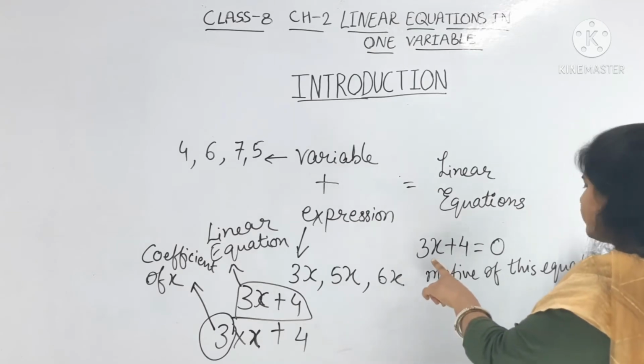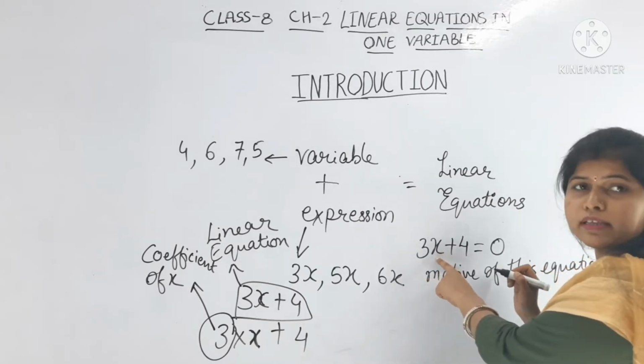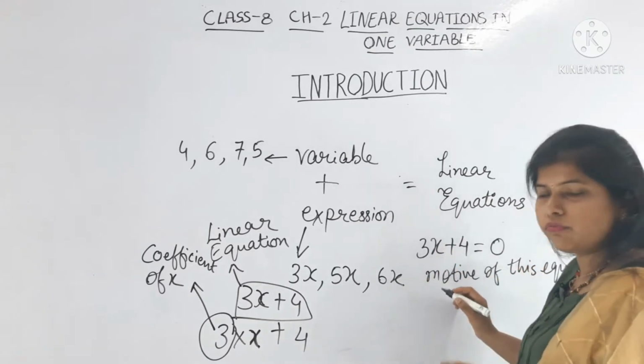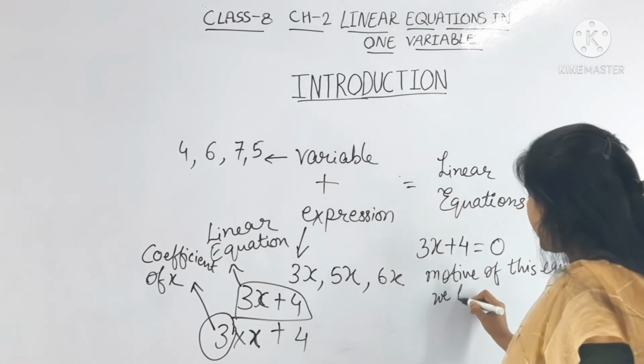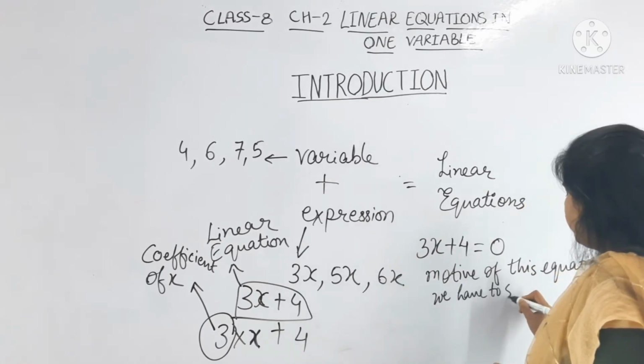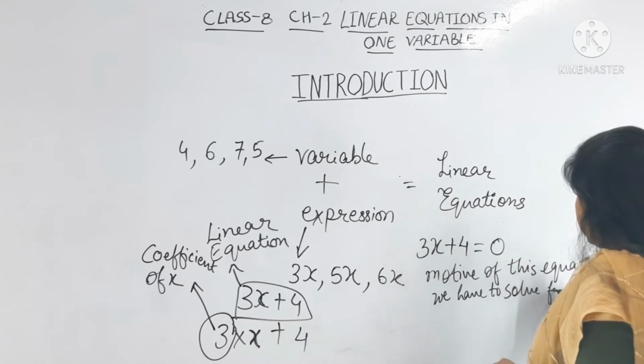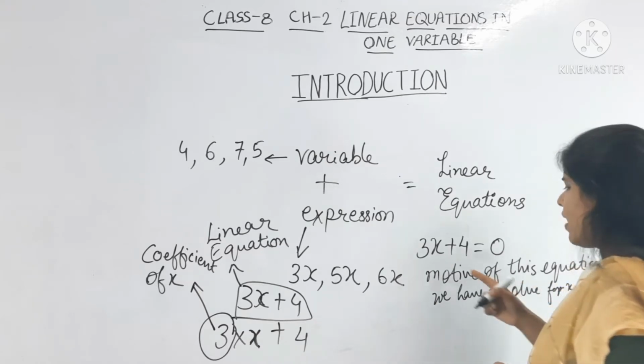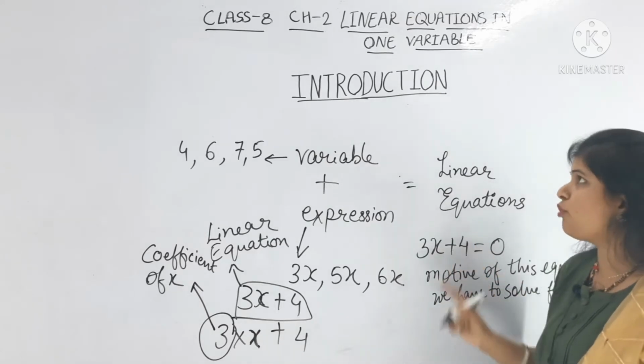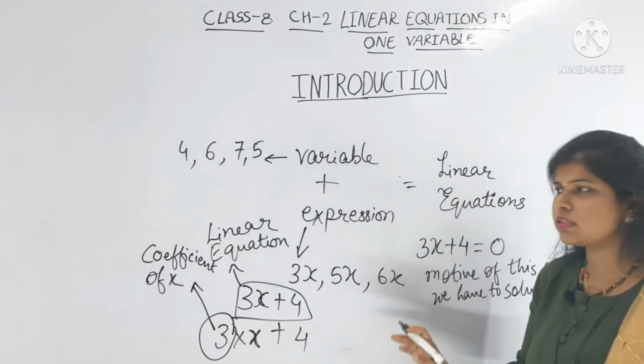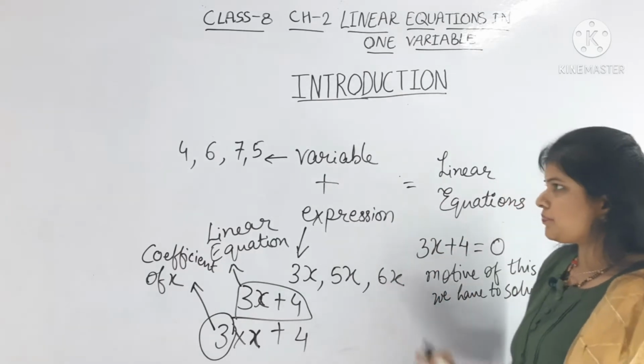What is the motive of this equation? We have to solve for x, we have to find the value of x. This is the total motive of this chapter. This is so simple.